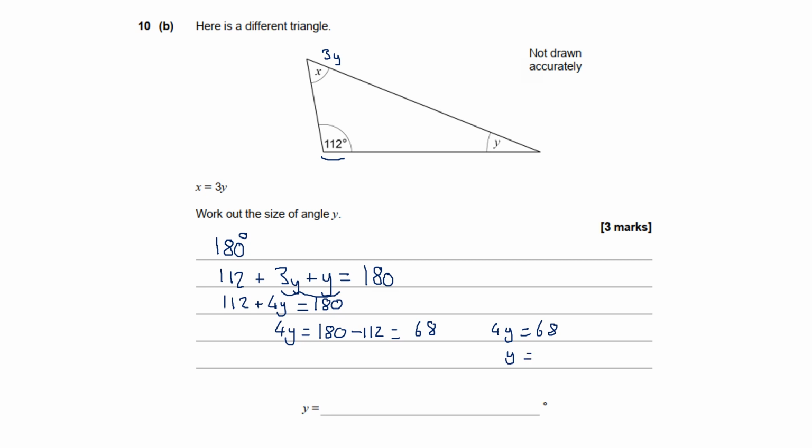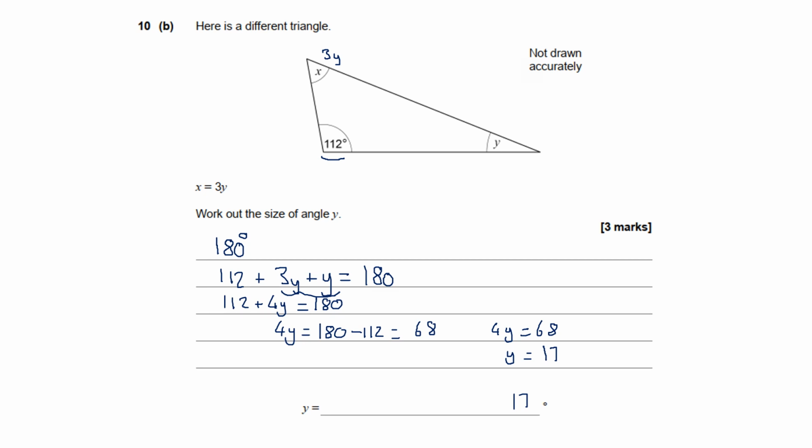Easy way to divide by 4 is to divide by 2 and then divide by 2 again. So 68 divided by 2 equals 34, and 34 divided by 2 equals 17. Which means the answer for that should be 17 degrees.